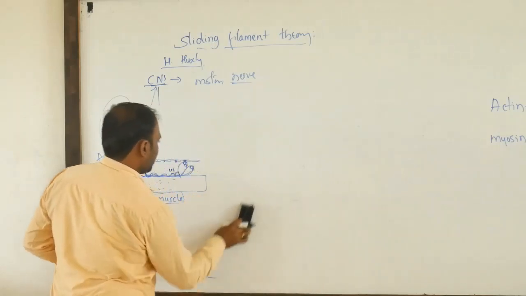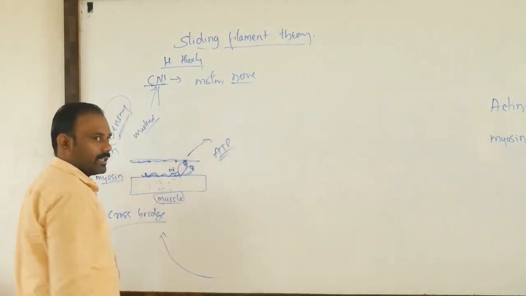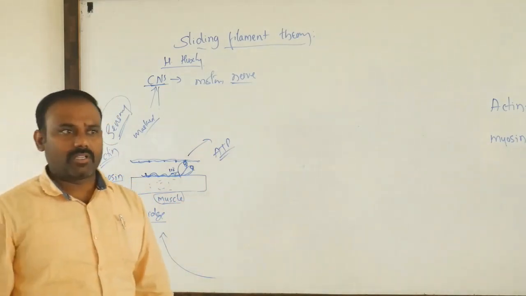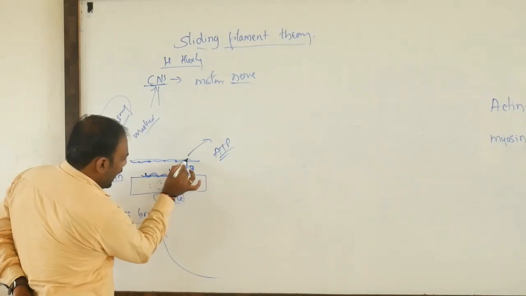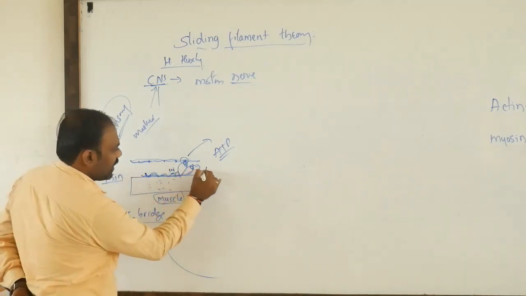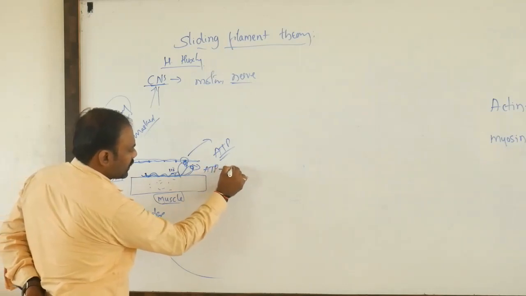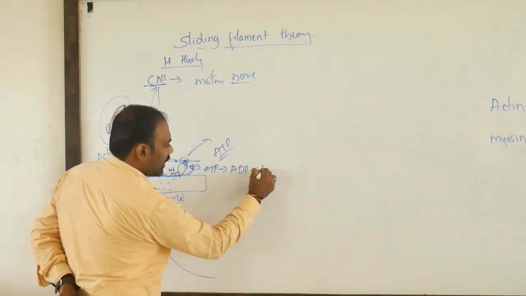Now immediately the ATP, adenosine triphosphate, is utilized at this particular point, resulting in ATP giving rise to ADP plus inorganic phosphate.